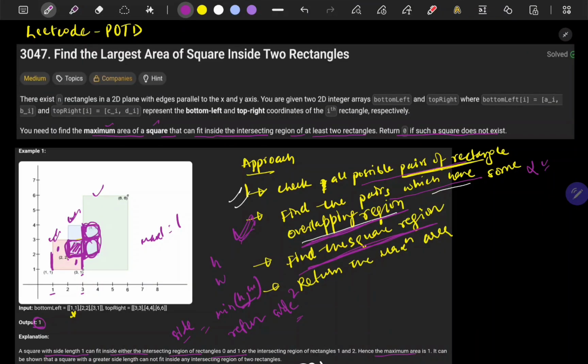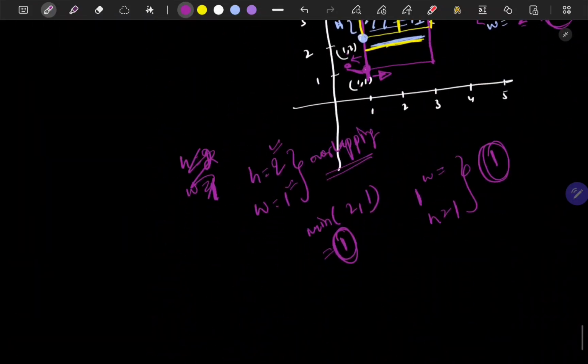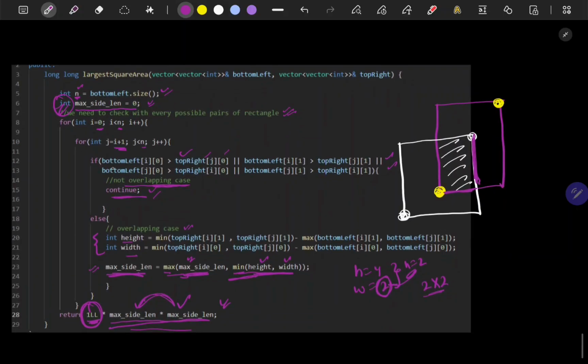Check all possible pairs of rectangles, find the pairs which have some overlapping region, and then in that overlapping region, find the square region. One more thing here: you can just eradicate this condition also. No point of keeping this, because if you don't keep it, when the condition goes inside the non-overlapping case, this height and width will return some negative values.